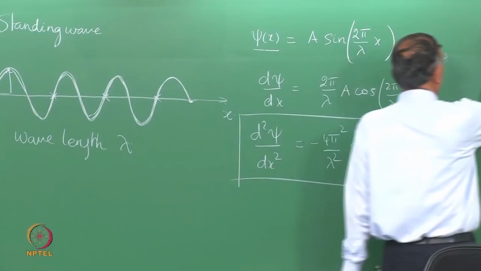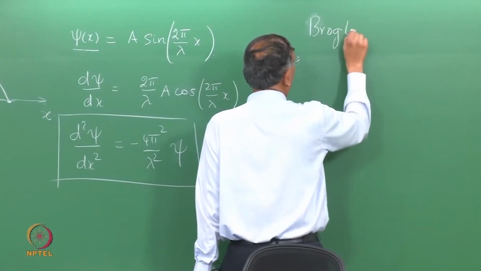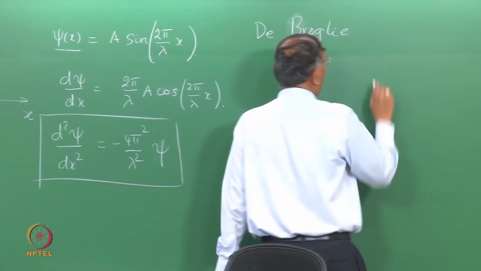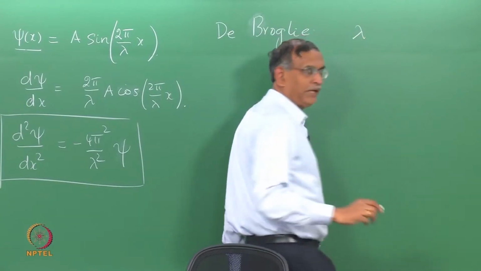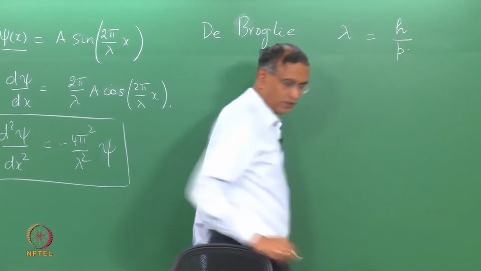Now de Broglie, if you remember in the lecture earlier, gave an expression for the matter wave lambda in terms of the momentum of the particle.